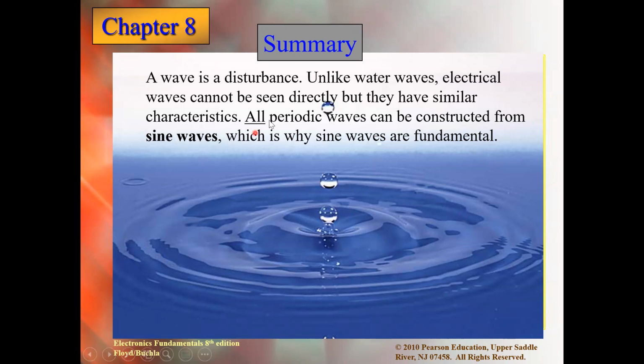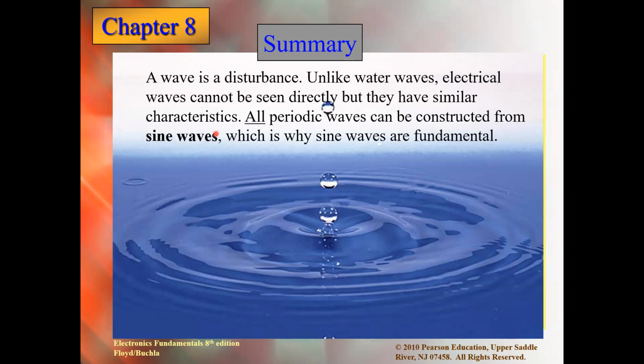So what is mentioned here? A sine wave is a disturbance. In general, unlike water waves, electrical waves cannot be seen directly, but they have similar characteristics. All periodic waves can be constructed from the sine wave. There are different kinds of periodic waveforms, like a square wave or a rectangular wave, and they can be generated using sine waves.